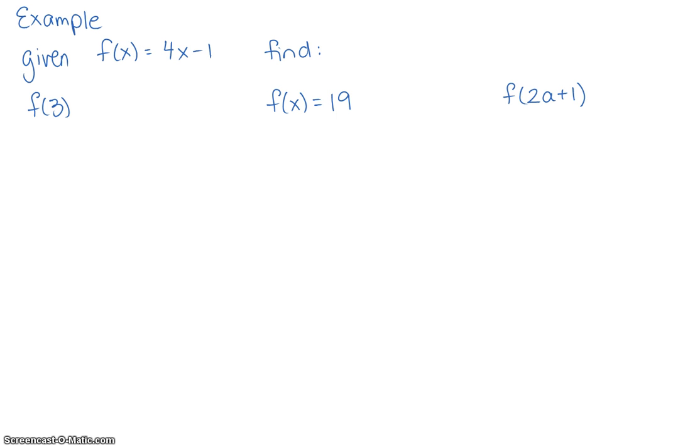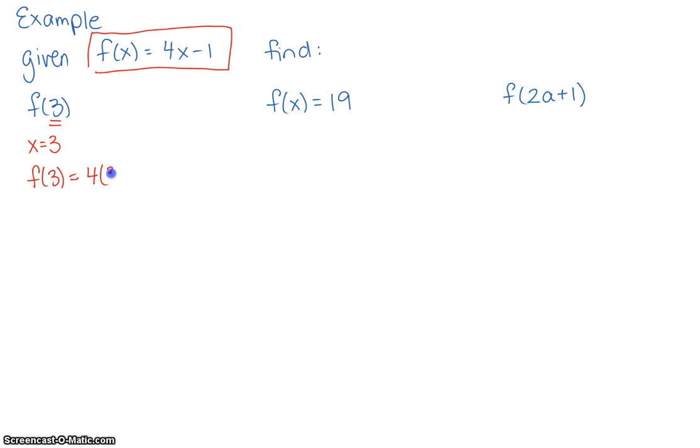Now some other examples are where they give you an x input, or they give you a y value, or they plug in an algebraic expression. So for these types of problems, we're going to be given the definition of what the function is. f of x equals 4x minus 1. So f of 3 means that our x value is equal to 3. So wherever we see an x in the equation, we can replace it with 3.